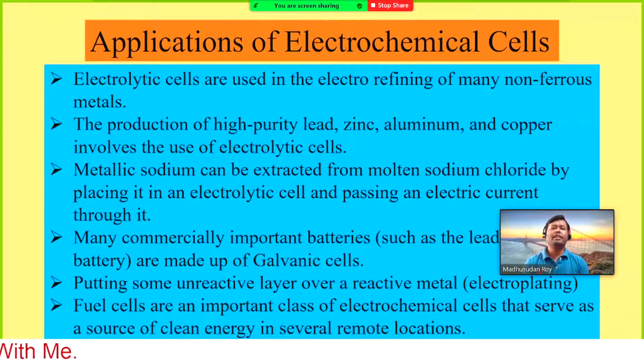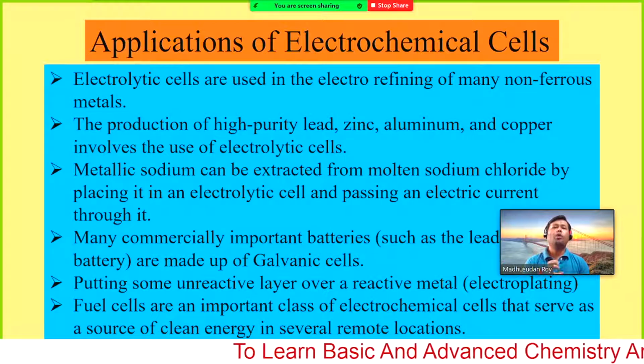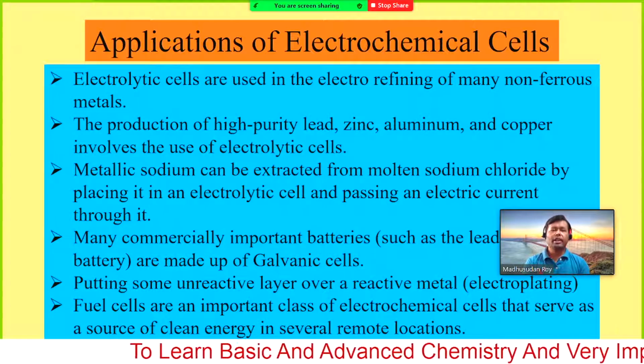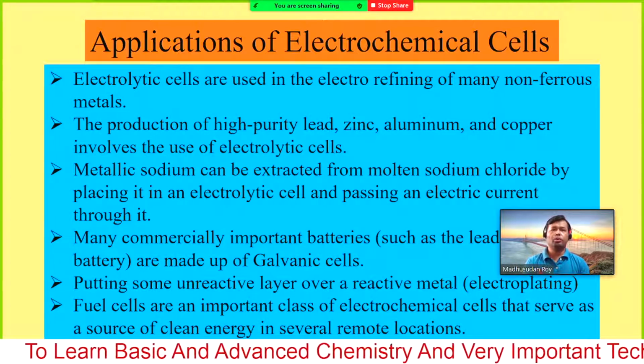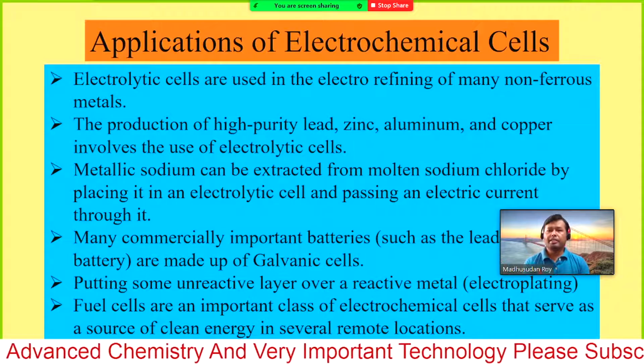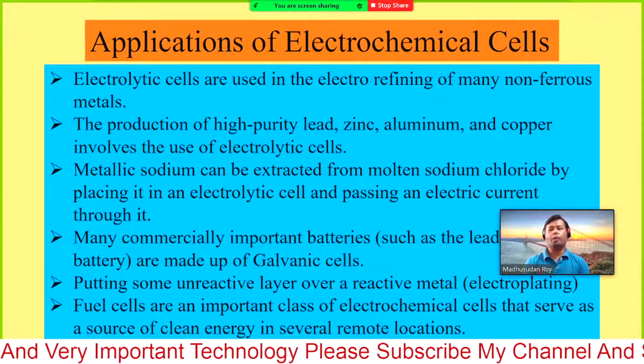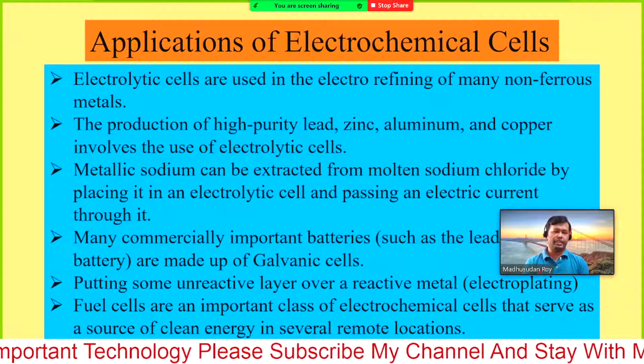Electro refining means that we can refine or purify a metal, mostly non-ferrous metals, that means non-iron metals. The production of high purity lead, zinc, aluminium and copper involves the use of electrolytic cells.